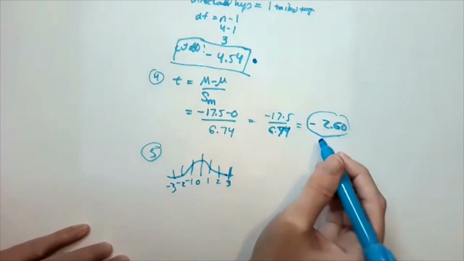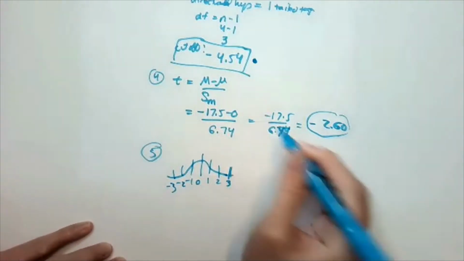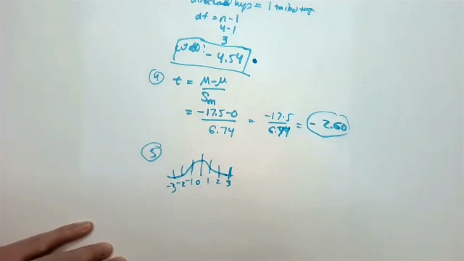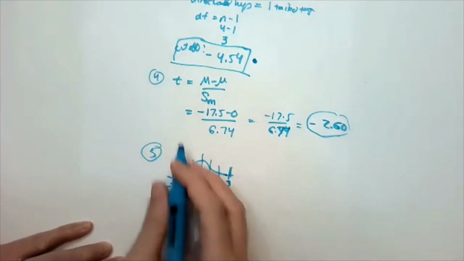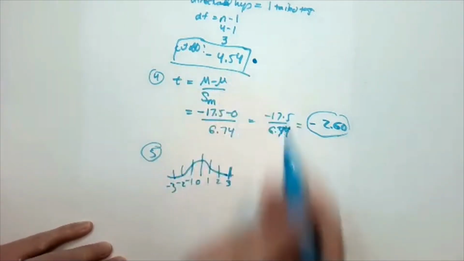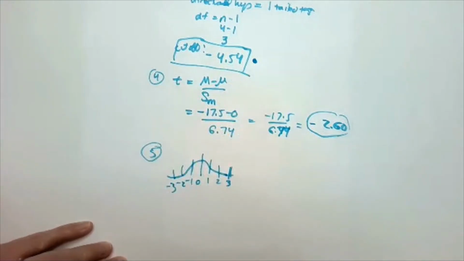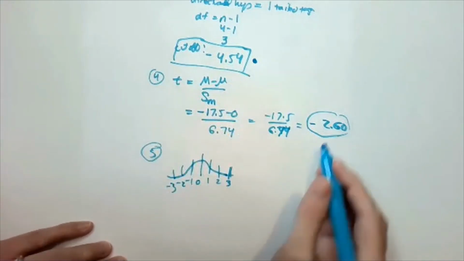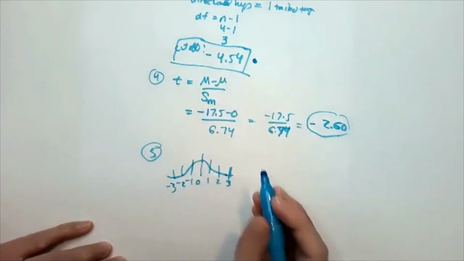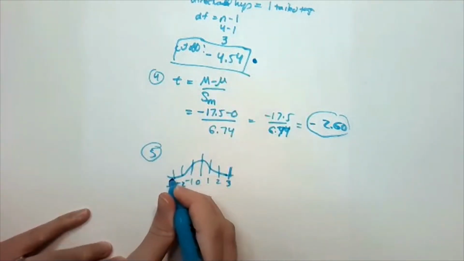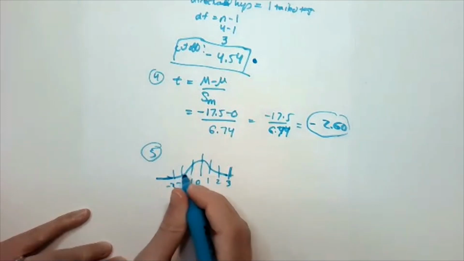We know that this is going to be past 2, so I want to at least go out a little bit further. Really, I could go out quite a bit further because our cutoff score here is very stringent. For our cutoff score, we have negative 4.54. So I might make this a little bit longer even. Again, it doesn't have to be perfect.